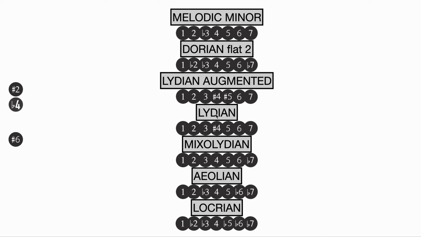Okay, so now that we've done this one, where the note that gets changed would be here, the rest of these are going to be pretty easy. We're changing one note, and that would be the flat 7.